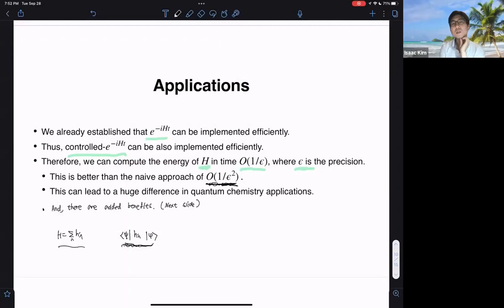I guess the easiest way is simply to apply the time evolution and measure individual terms of the Hamiltonian. But you could actually just apply the time evolution and then apply quantum phase estimation, and that will also do the job.